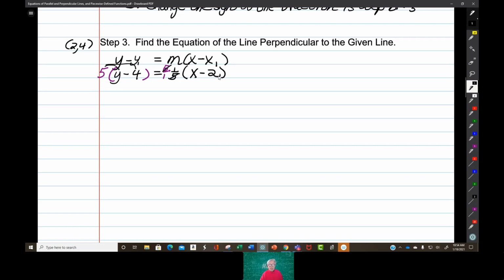So I've got 1 times x minus 2. Perfect. So I will have 5y minus 20 equals 1 times x minus 2 is x minus 2. And now I'm ready to move along. I will add 20 to both sides of the equation.